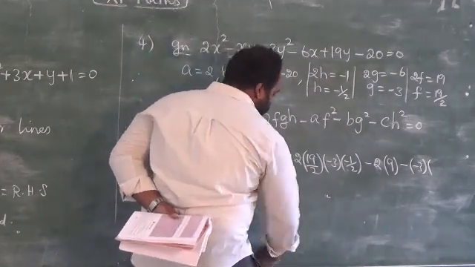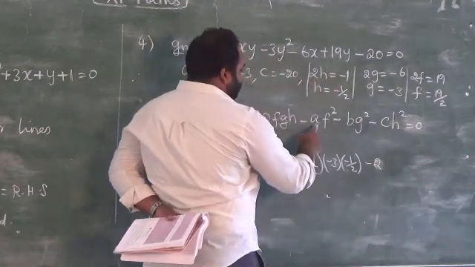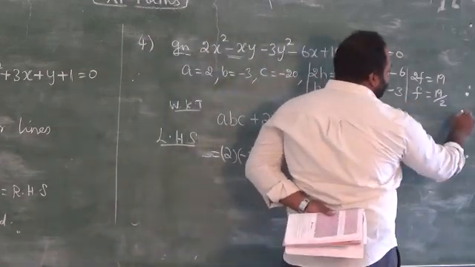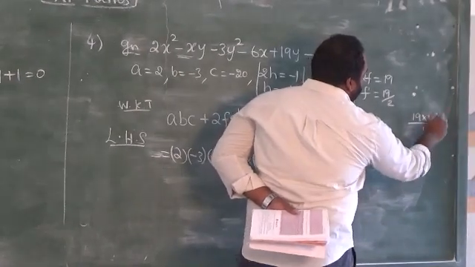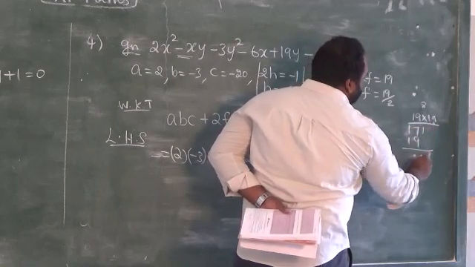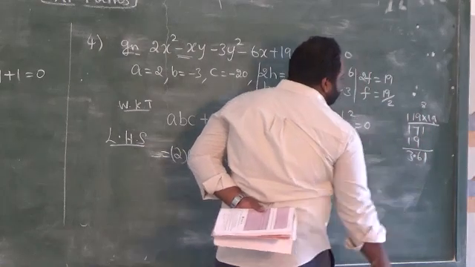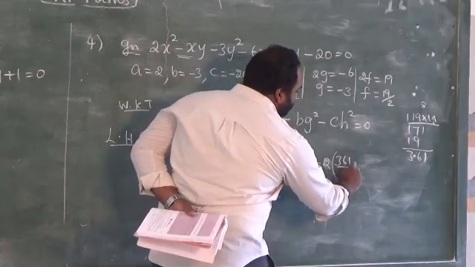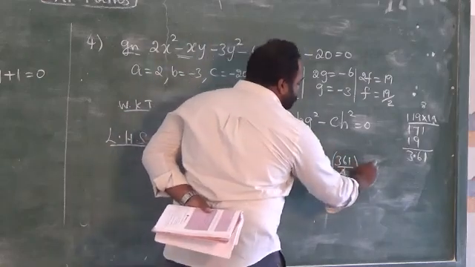Sorry, here I changed it, please change it here. This is A into F square, 19 square by 2 square. 19 into 19 is 361, by 2 square is 4. This is 361 by 4.